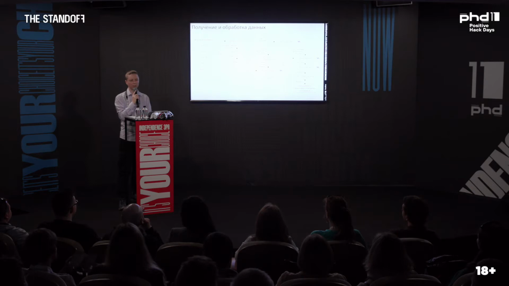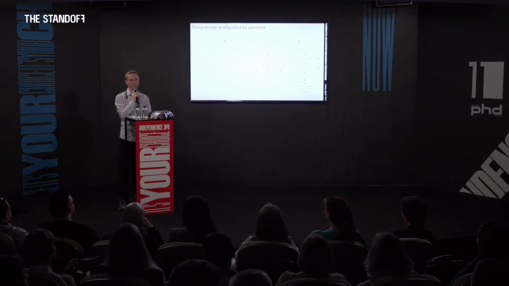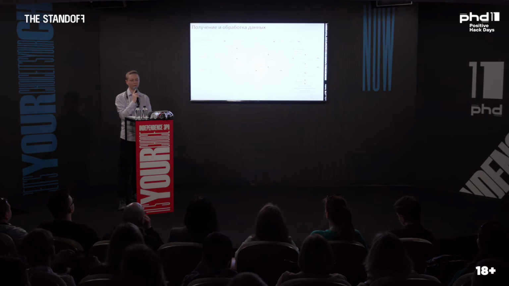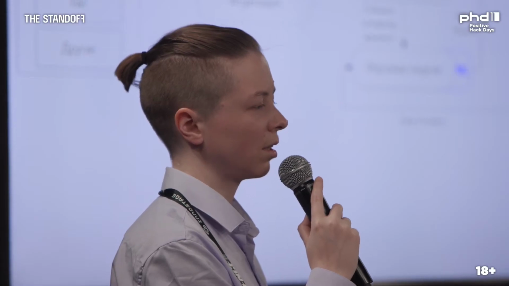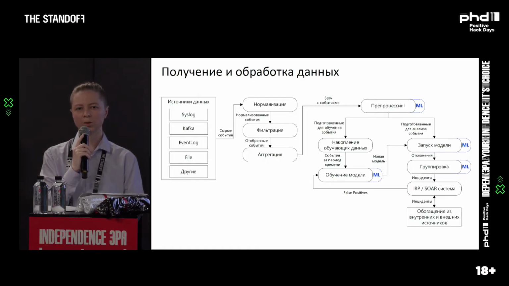And the batched data would be sent to look for deviations, and such deviations would be detected, and such incidents would be registered in the source system of the customer. We would save and accumulate our data into a specific batch and would train the models.